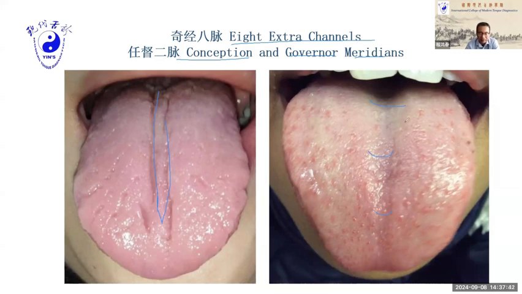So we also need to use a tonifying method for this. Also, if this happens on the tongue, you will give a judgment that the patient should have a lower abdomen problem. Maybe some tumor has already formed.